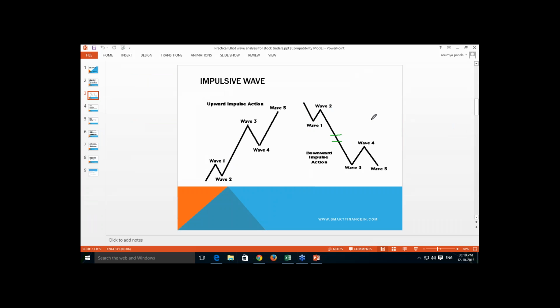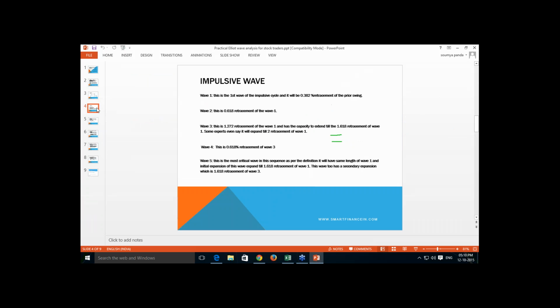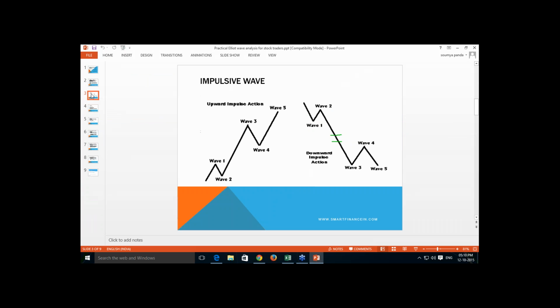Similarly we have the ABC pattern. Wave A, wave B and wave C may happen in the upward direction or in the downward direction. Whenever the ABC happens in the upward direction, it will be tilting upward. Whenever the ABC happens in the downward direction, it will be tilting downward.